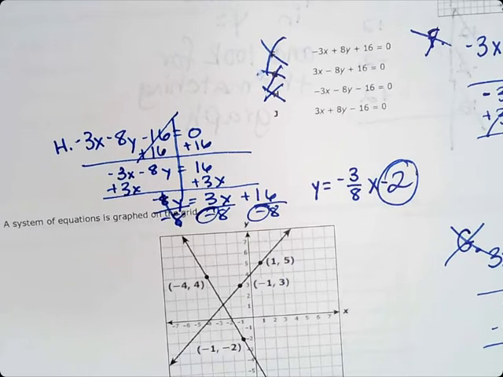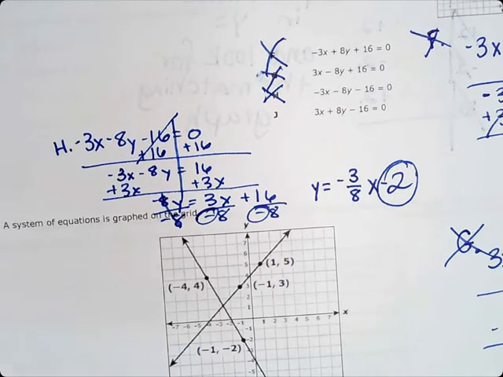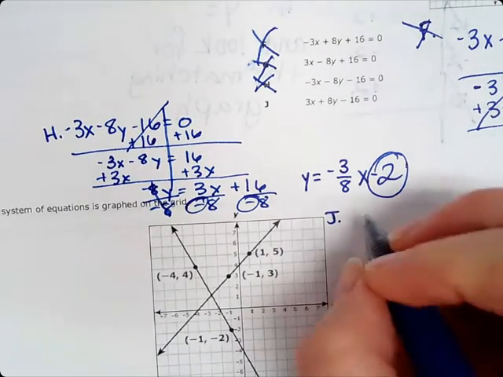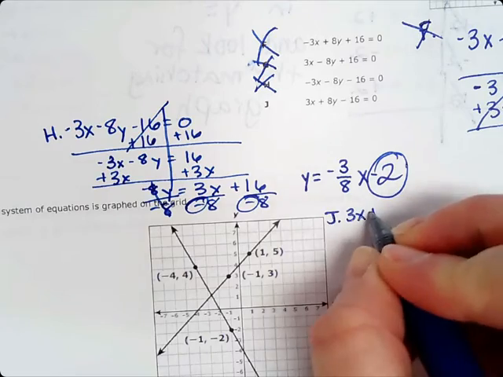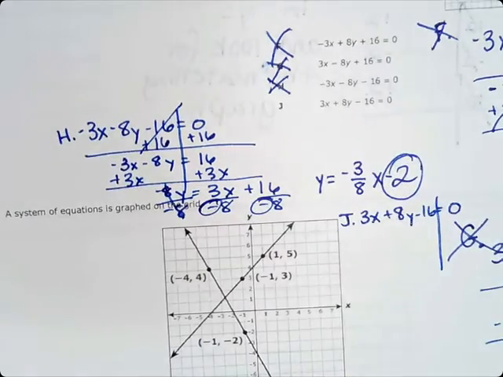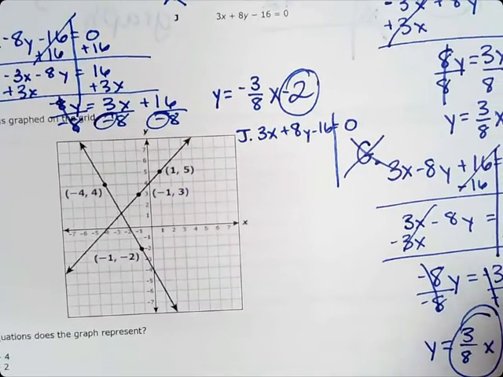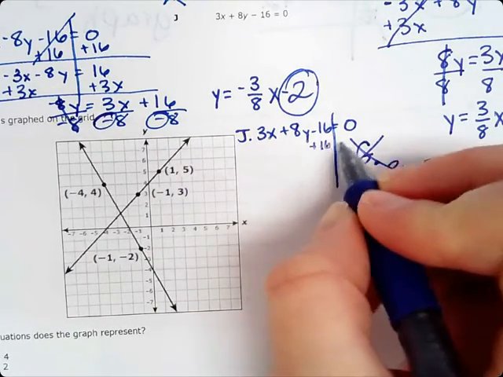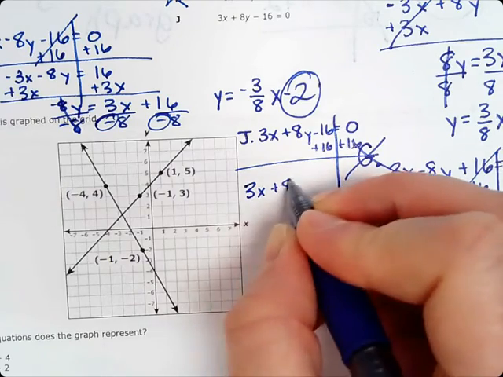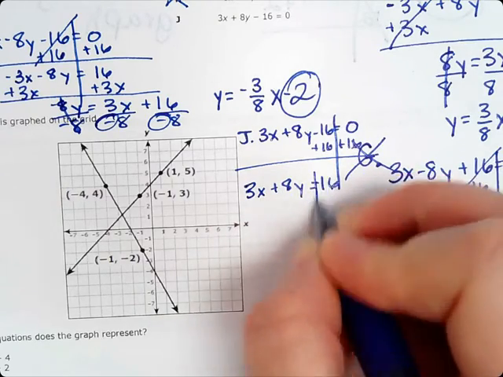I know, this one takes a lot of work. But stick with it. Even when problems are hard like this and require a lot of work, stick with it. And let's do J. Surely J is our answer, but let's double check. So we do plus 16. So we have 3x plus 8y equals 16.